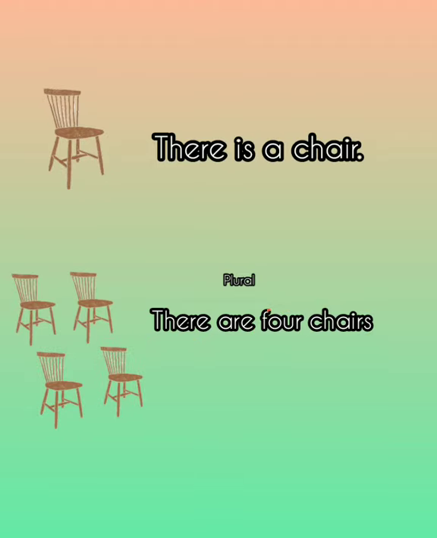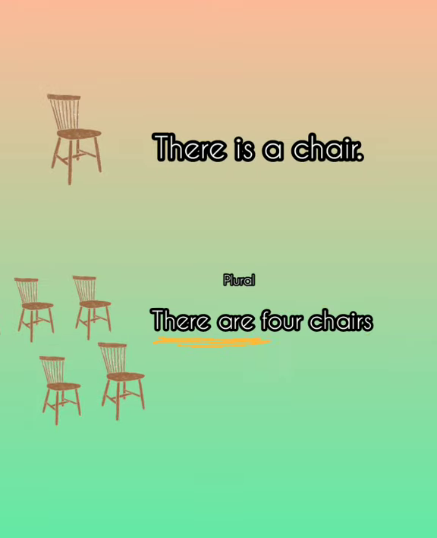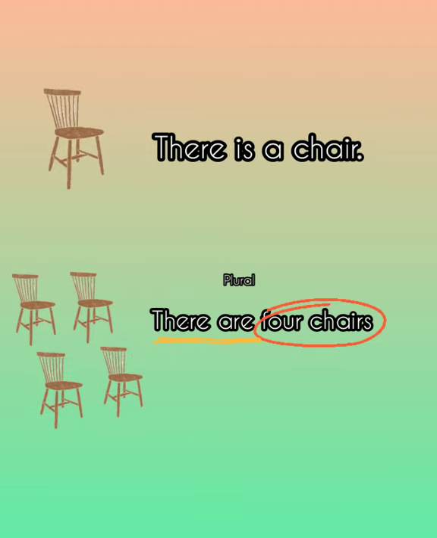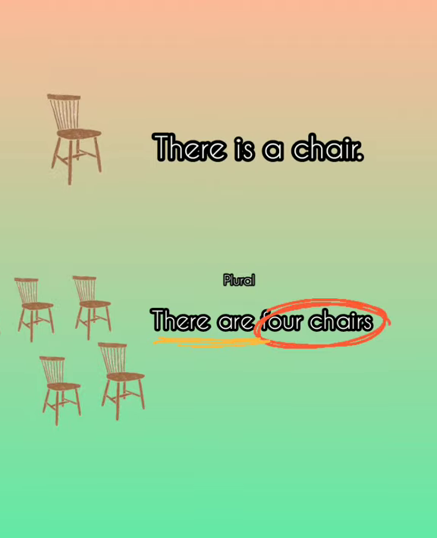Lebih daripada satu, we should put s. There are 4 chairs. Okay? So, that's why we use there are. There are is used for plural. Lebih daripada satu. More than one. So, we use there are. Okay?